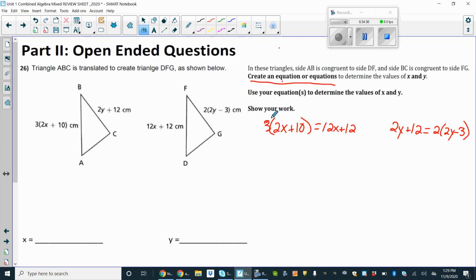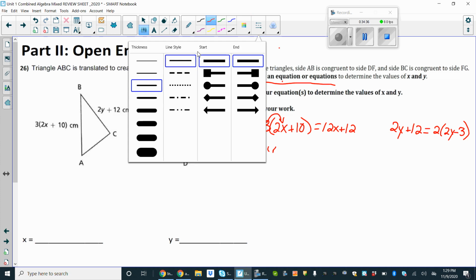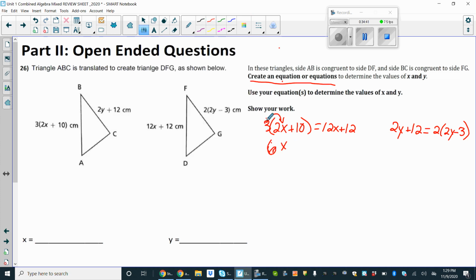So we start by distributing. 3 times 2x is 6x, and 3 times 10 is plus 30, equals 12x plus 12.